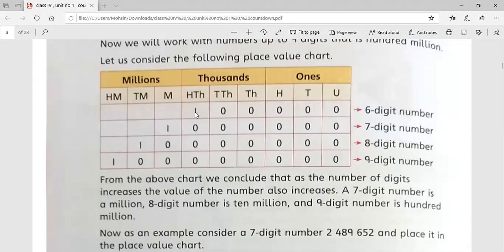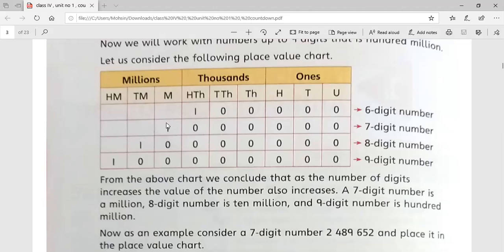So the first value is 100,000. In 100,000, how many digits do we have? We have 6 digits. So in a 6-digit number, how many zeros do we have? We have 5 zeros: 1, 2, 3, 4, and the last one is 5.